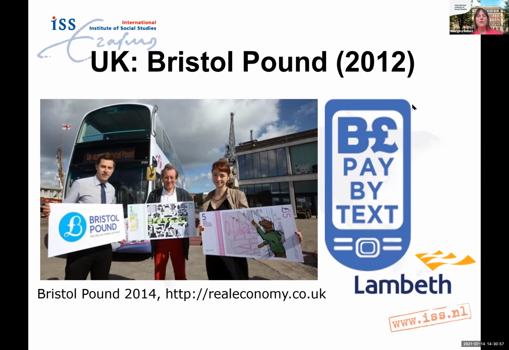In 2012, they launched with a lot of publicity their own pound, and it has a lot of symbols, even in the banknotes that they issued, that promote the identity of Bristol. It's a city in the UK with quite a strong local identity. And they said, well, the next step is to also promote exchanges within our community.